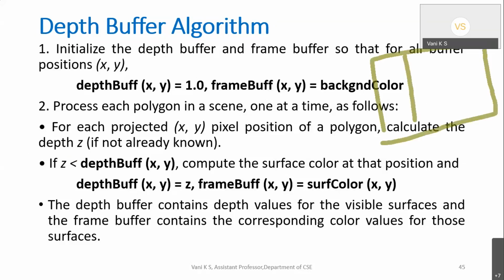Let me take the values like this, some buffer, I'm just writing it randomly. Initially, it is all set to 1.0, as I told.